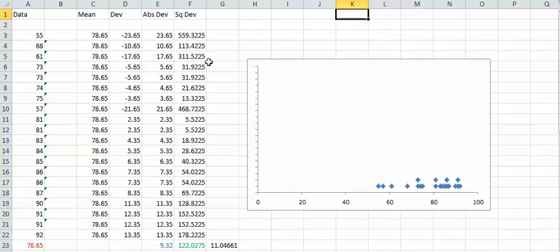Now let's move a value further away from the mean, and let's watch all three values go up. So I'm going to take this value right here of 81 and move it further away from the mean of 78. So maybe I move it up to, let's say, 95.